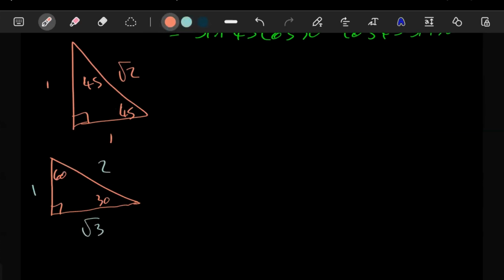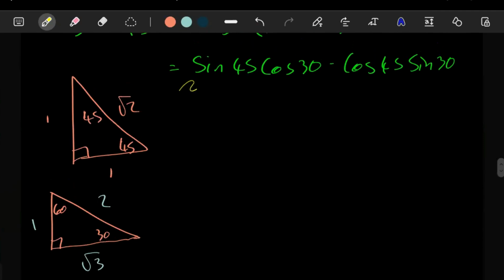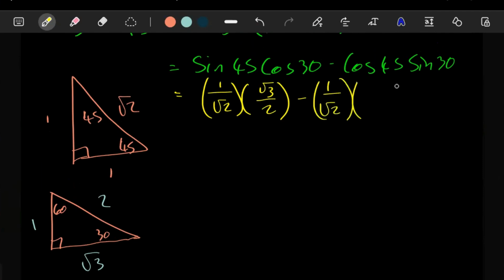So sine 45 is opposite over hypotenuse, 1 over square root of 2. Cos 30 is adjacent over hypotenuse, square root of 3 over 2. Cos 45 is adjacent over hypotenuse, 1 over square root of 2. Sine 30 is opposite over hypotenuse, 1 over 2.